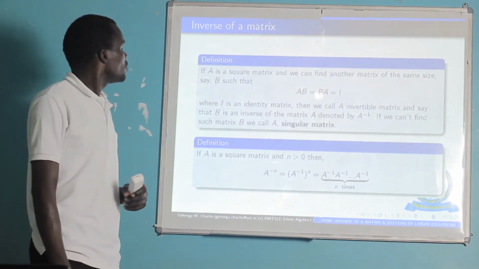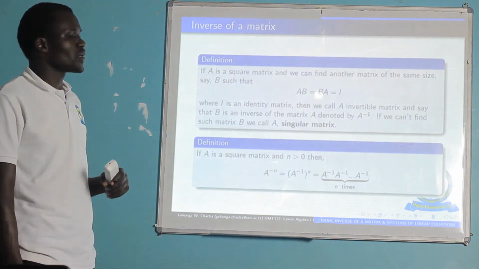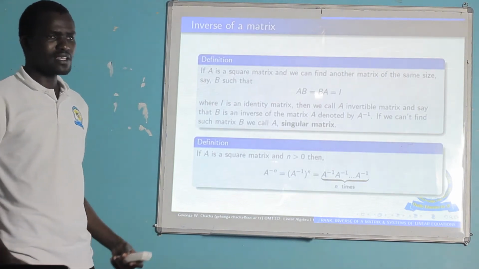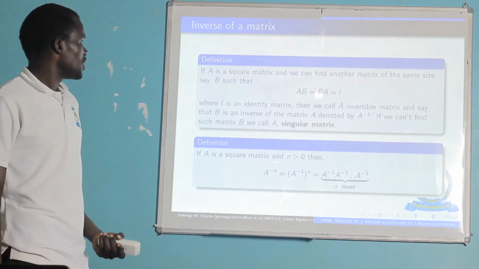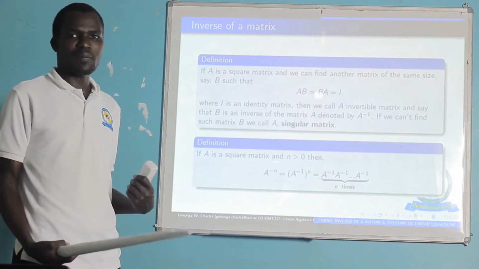So let's go to the next subtopic called inverse of a matrix. So what's the inverse of a matrix? By definition, if I have a square matrix, of course you cannot find the inverse of a non-square matrix.